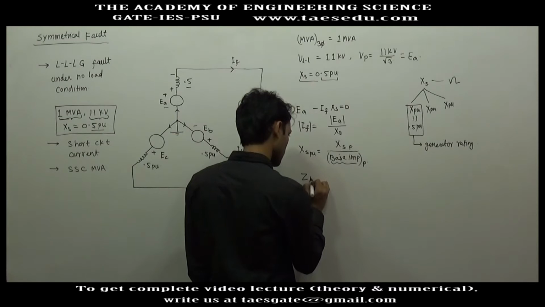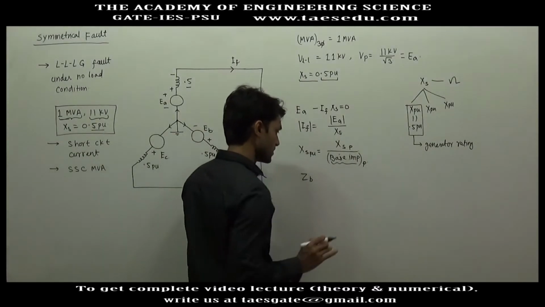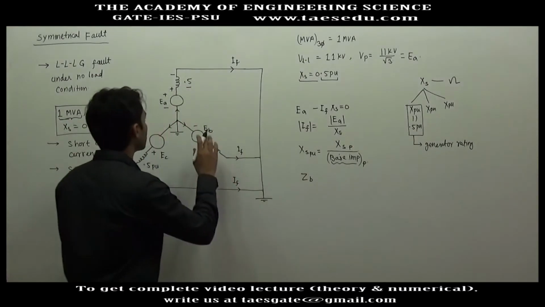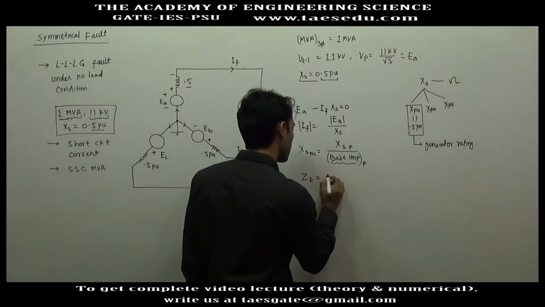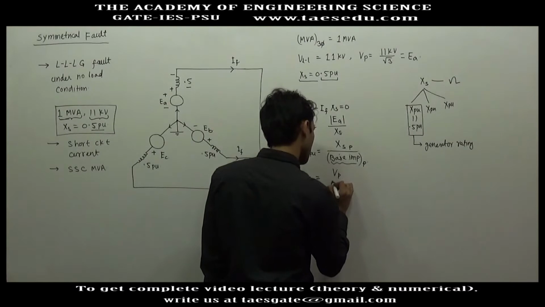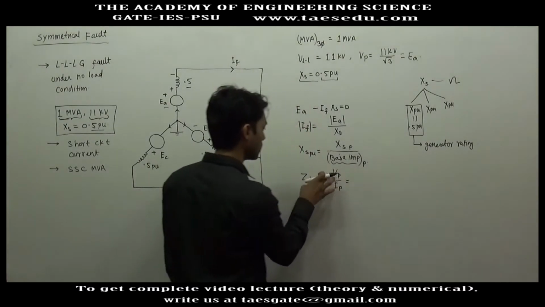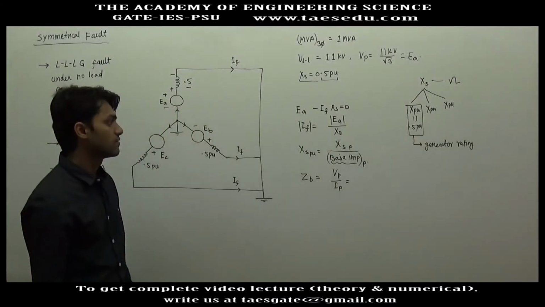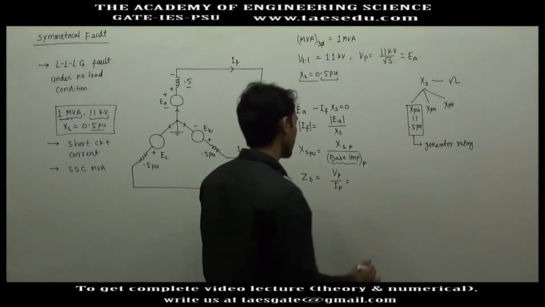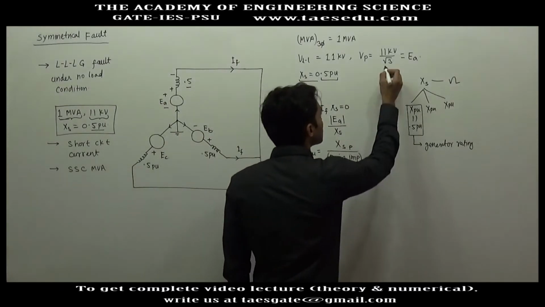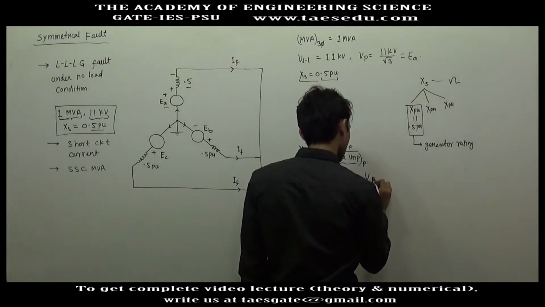So what will be the base impedance of phase? ZB is the base impedance per phase. This will be the base value of phase voltage divided by phase current. Now what is phase voltage? Let it be Vp only.